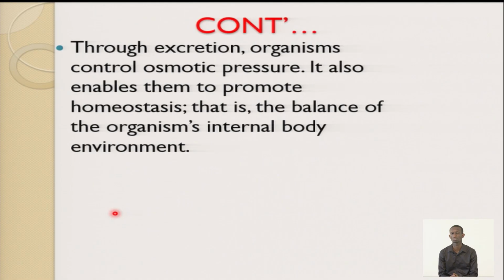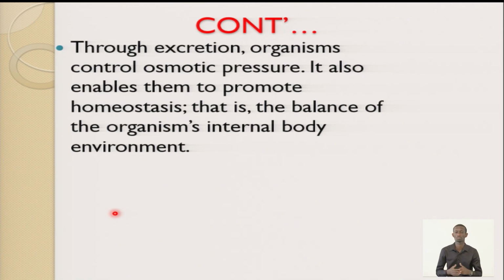So let's talk about how, through excretion, organisms control osmotic pressure. If osmotic pressure increases in our cells or in our body fluid, automatically it will affect the body metabolism.